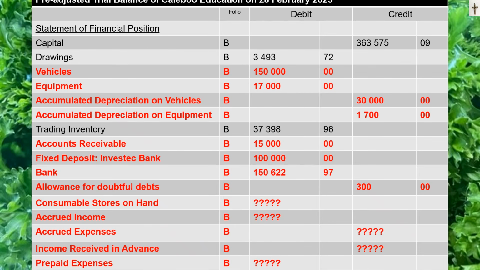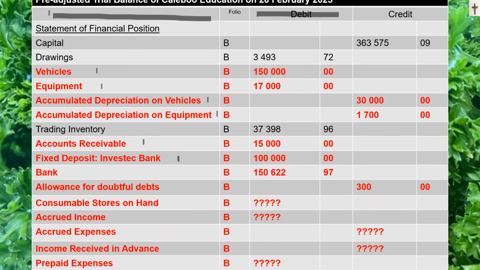Now, we are given the pre-adjusted trial balance on the last day of the financial year. So before that additional information has been taken into account, you've got these numbers in the pre-adjusted trial balance. Now I've highlighted in red, from looking at that additional information, all these accounts here in red.